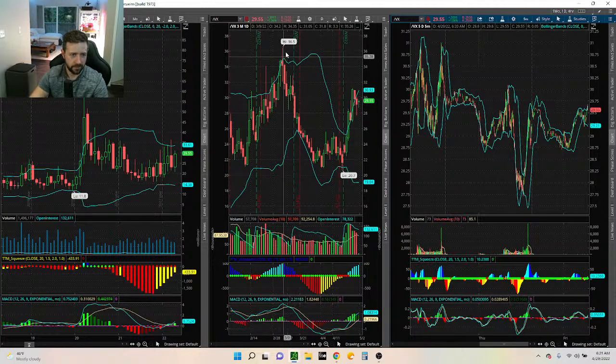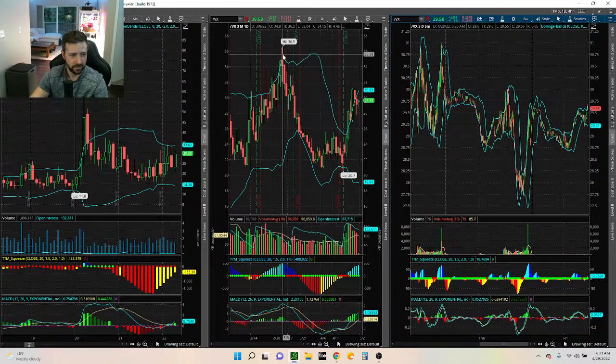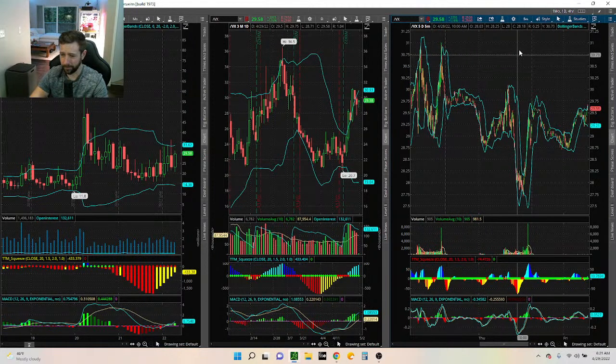And when it gets above the upper Bollinger Band, that's probably a good spot to get a little bit long. But the VIX going between 20 to 30, 20 to 35, that's really going to make it hard to hold on to any kind of stock. So you're really going to have to adjust your positioning.